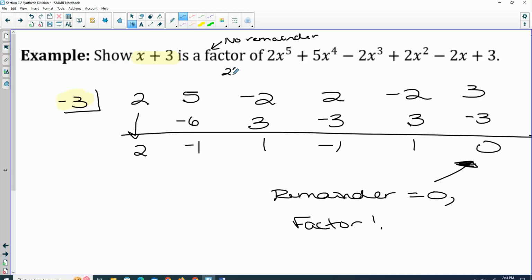What I want you to do is on your calculator, plug in -3 for all of these x's. You have to put parentheses around them. Just type the whole thing in your calculator.